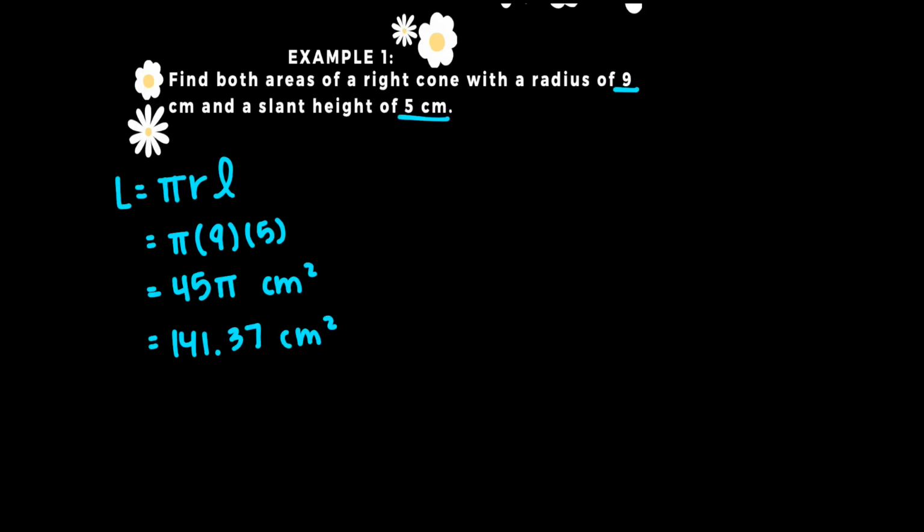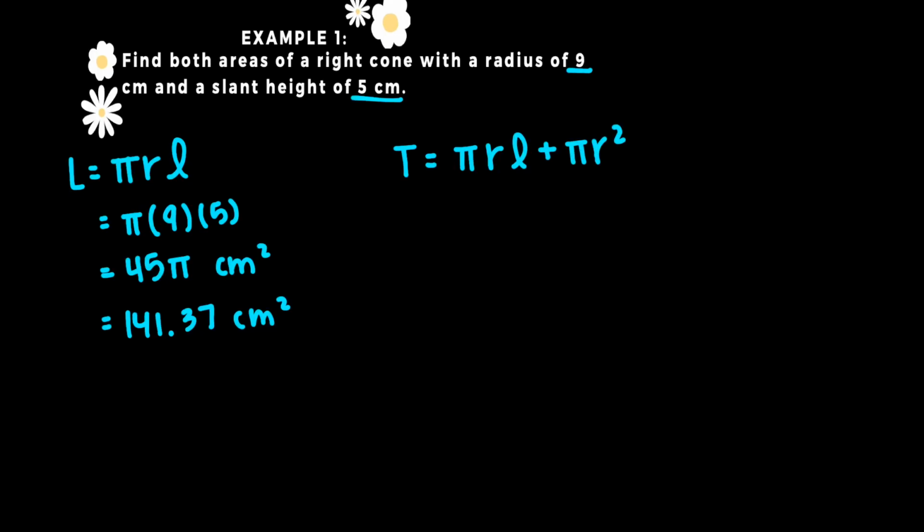Now the total surface area, so total is that lateral, so pi r L plus the area of a circle pi r squared. So I have everything I need. Remember, this first part is the lateral, which you already found. I'm going to write it in terms of pi because the second part is going to give us the number in terms of pi. Plus pi times my r, which is 9, squared. The first part is still 45 pi.